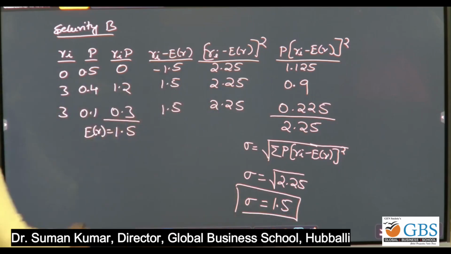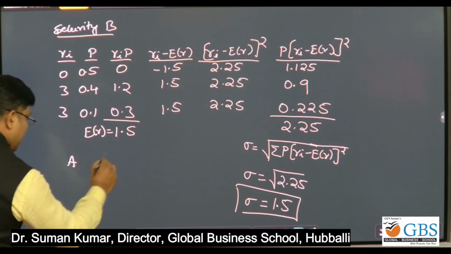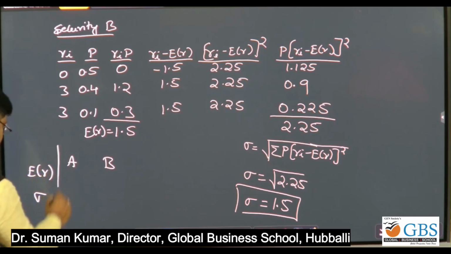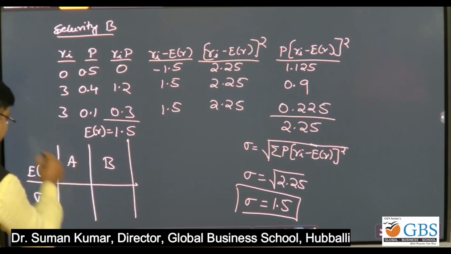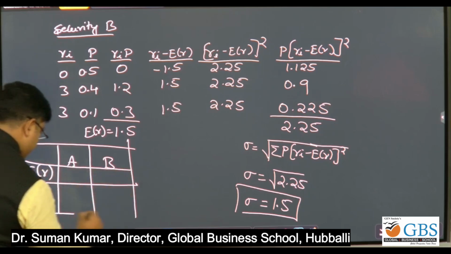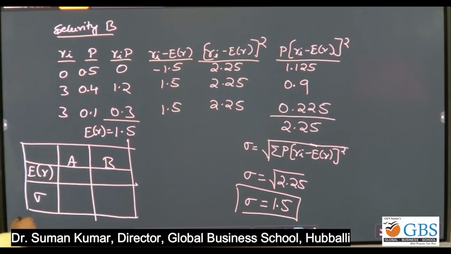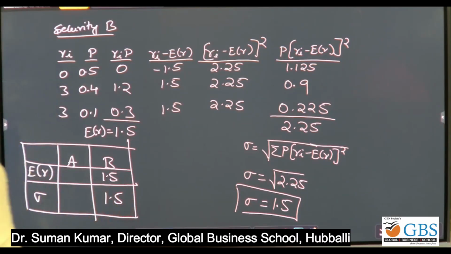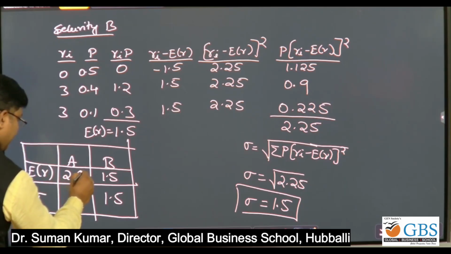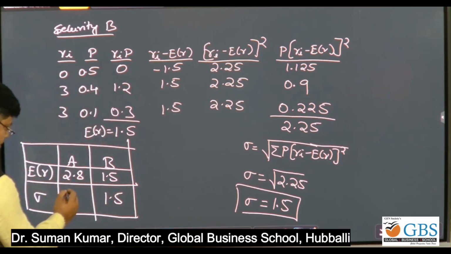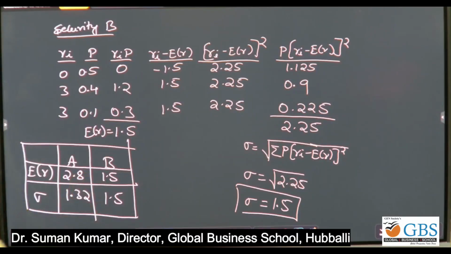Very, very simple. Conclusion: security A and B, this is E of R, that is return and standard deviation. For B it is 1.5, then this is 1.5. For A, previous slide, 2.8 return, and standard deviation only 1.3.